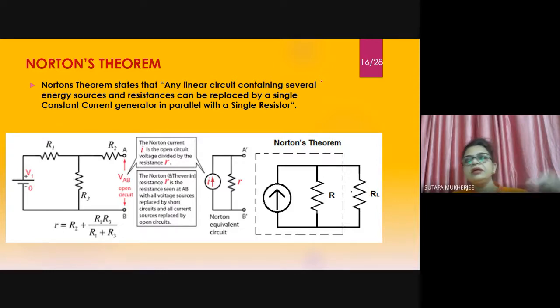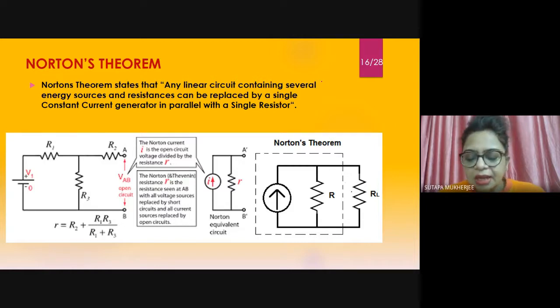In that case, there will be a voltage source, that is VThevenin. There will be an RThevenin in series with VThevenin, and RL in series with RThevenin. The current through the load will be VThevenin divided by RThevenin plus RL. But you have noticed with a particular problem, how can you determine the VThevenin and the RThevenin?